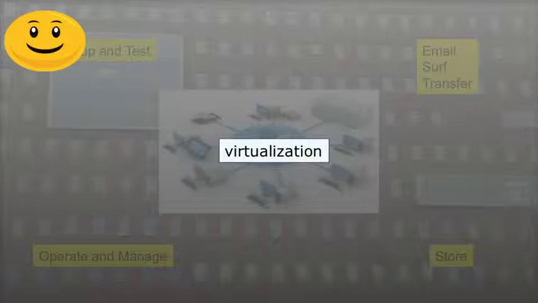Recent technological innovations and developments can cope with most of the issues. For instance, virtualization to increase the hardware exploitation and by that decrease the capital expenses.